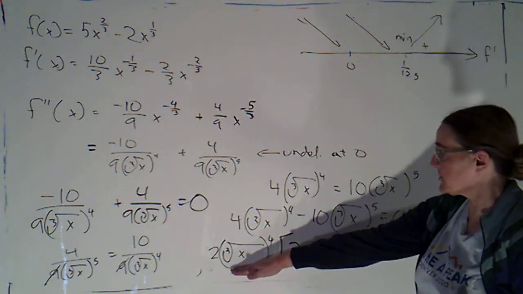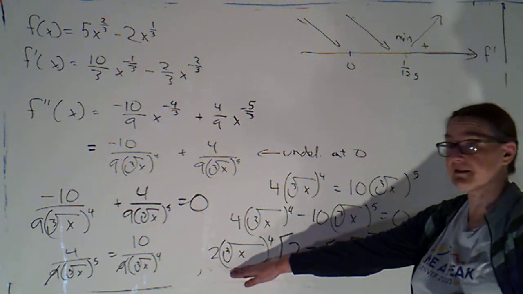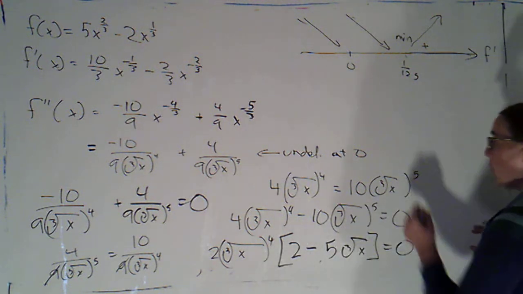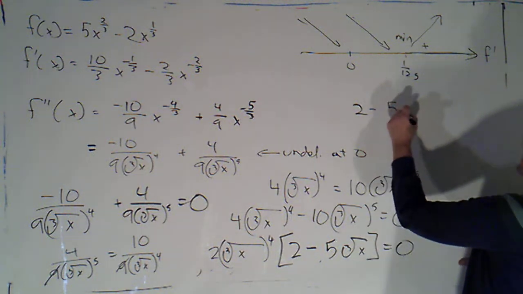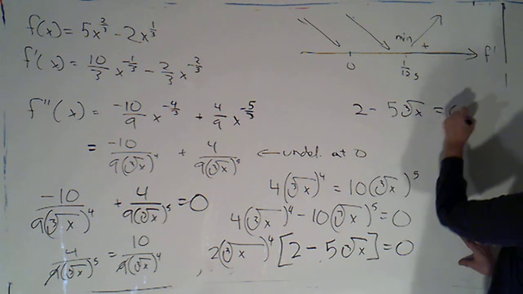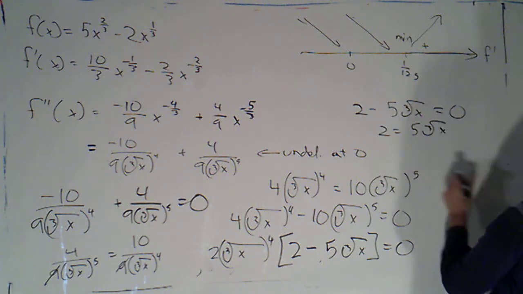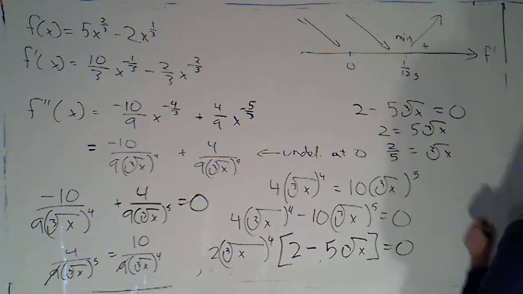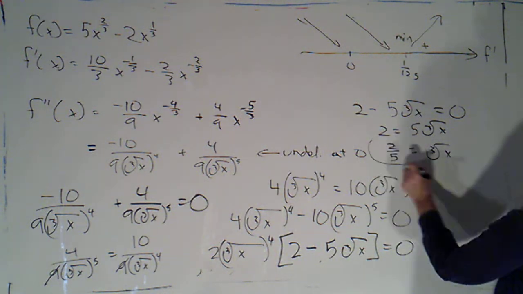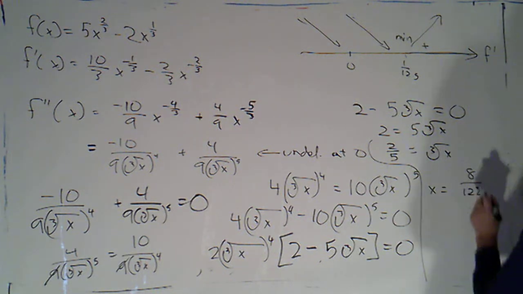So if this factor is 0, that would be when x is 0. We've already determined that this is undefined there. So the only new point that I might get from this is if 2 minus 5 times the cube root of x is equal to 0, 2 would equal 5 times the cube root of x. The cube root of x would equal 2 fifths. And so x would just equal that cubed, which would be 8 over 125.